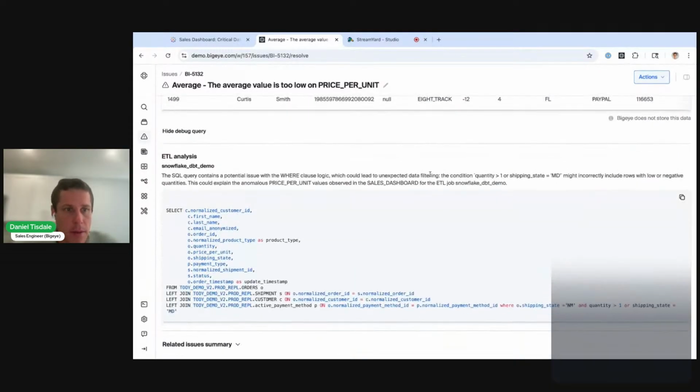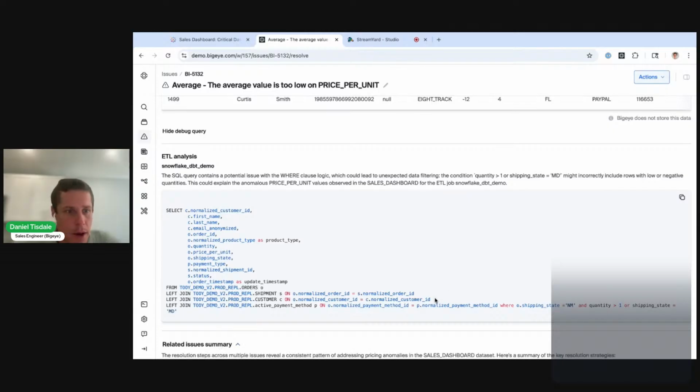And then down at the bottom here, this is where we can see the analysis of the ETL job that is pushing data into the sales dashboard table. And it has identified a potential issue in the where clause that might be leading to some unexpected data filtering.